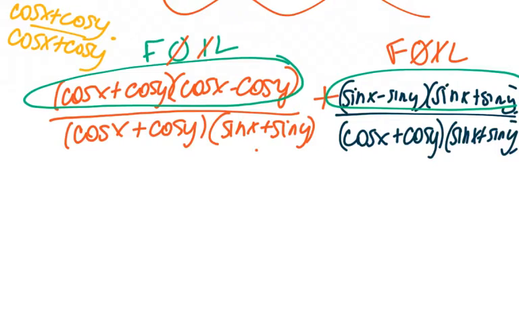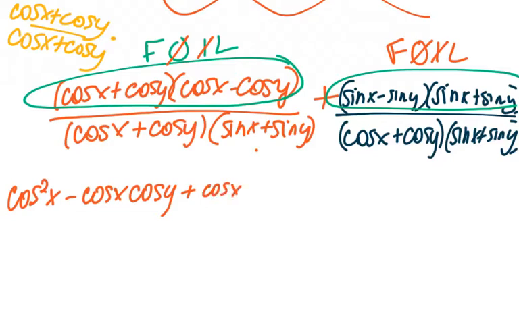So in the first fraction, if I do work it out, I have cosine squared x minus cosine x cosine y, plus cosine x cosine y minus cosine squared y. So you can see it took a lot of space here, and here it is.